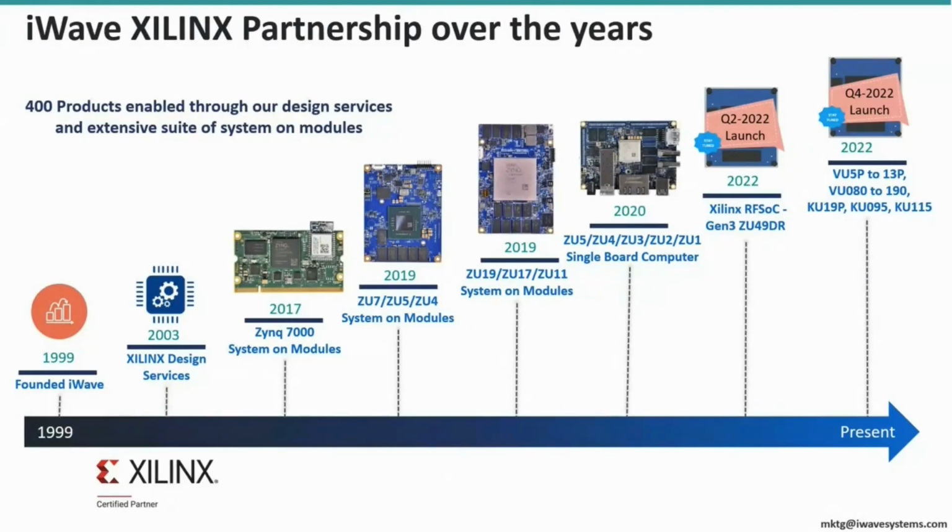And over the years have transitioned more to a product oriented organization, building a strong portfolio of Xilinx powered system on modules ranging from the Zynq 7000 to the ZU19. And we also have a strong product roadmap for 2022 and 2023 with the Xilinx RFSoC, the Kintex UltraScale Plus, and the Virtex UltraScale Plus system on modules later this year.